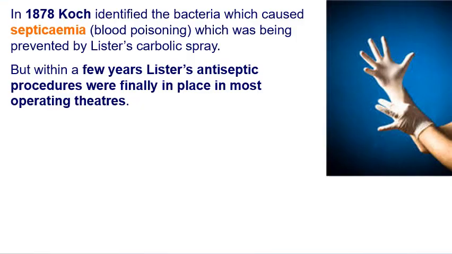Okay. And in 1878, Koch, just to go back to the German scientist as well, he himself identified the exact bacteria that carbolic spray was killing. The infection it caused was called septicemia. That's blood poisoning to you and me.